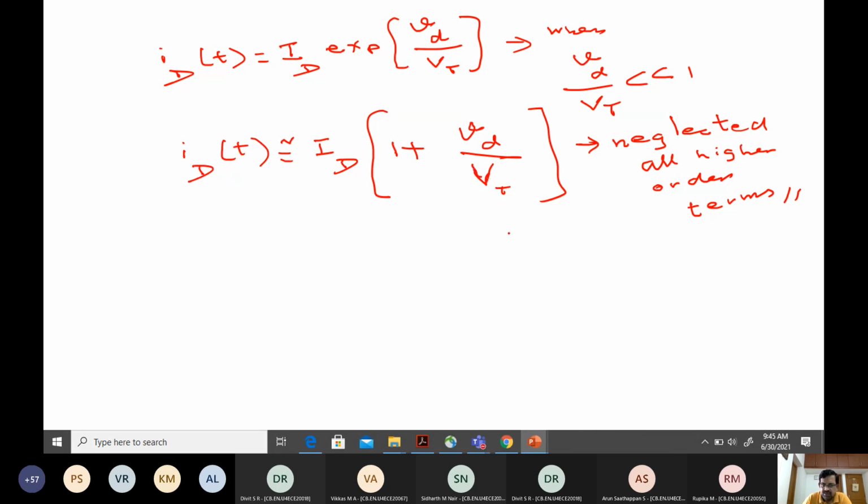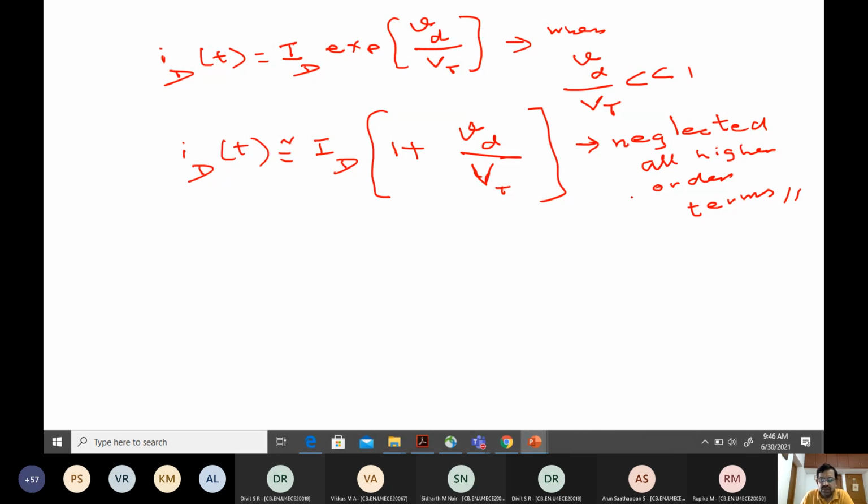Here V_t stands for the thermal voltage. I have neglected all higher order terms, therefore I use the symbol nearly equal, because v_d by V_t is already 0.2. If I put the higher order term, it will become 0.2 squared, that is 0.04, and then you divide by the factorial, it is going to be even smaller. So there is no point, it is not going to vary much.